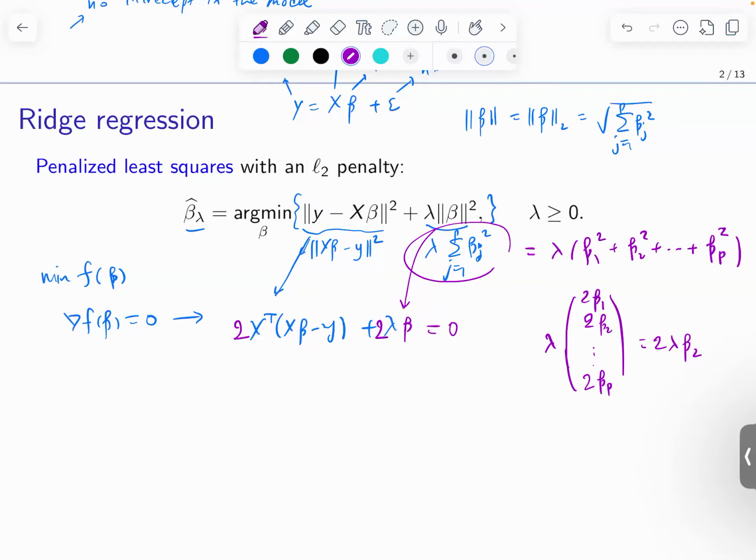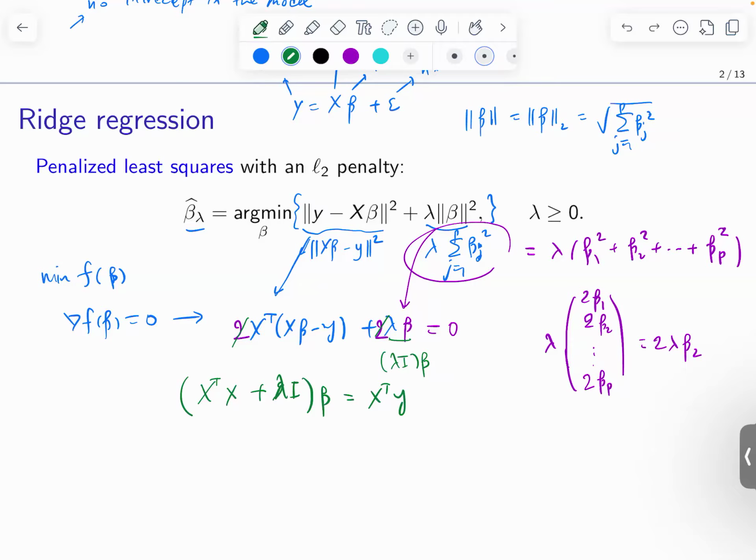Then I can cancel the 2's, and collect everything that has a beta in it. This I can write as lambda I times beta. So I get X transpose X plus lambda I, times beta, equal to X transpose y. This is like the normal equations for regression, if you remember, but we just have this extra lambda I here.